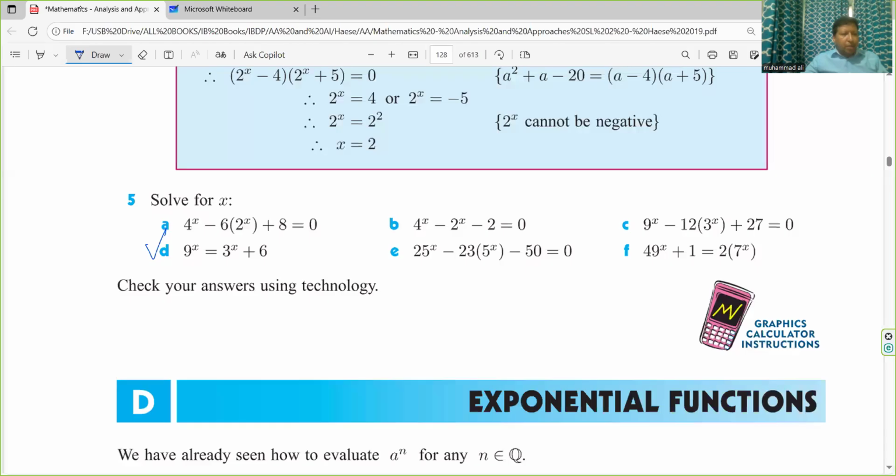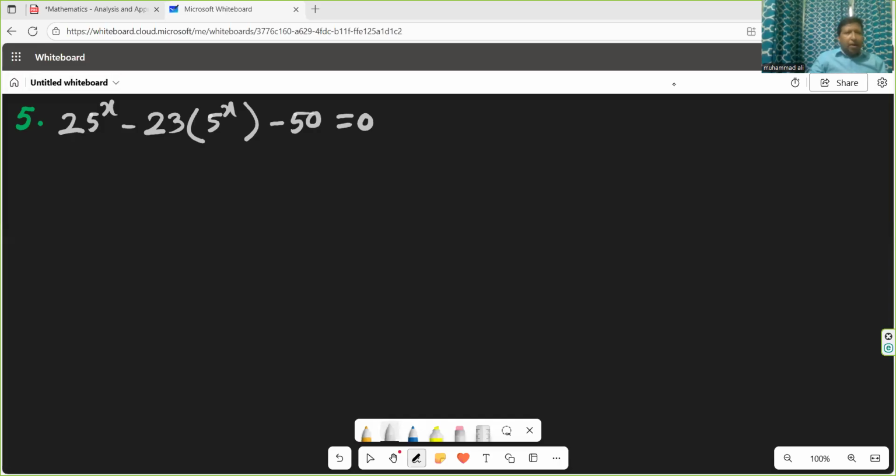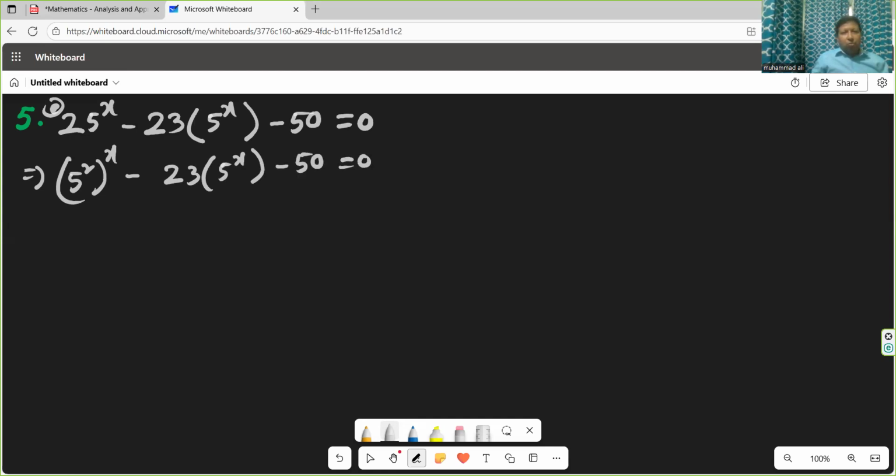Now 5d is completed. Now 5e: (25 to the power x) minus 23 times (5 to the power x) minus 50 equals 0. We can write 25 as 5 squared, to the power x, minus 23 times 5 to the power x, minus 50 equals 0.